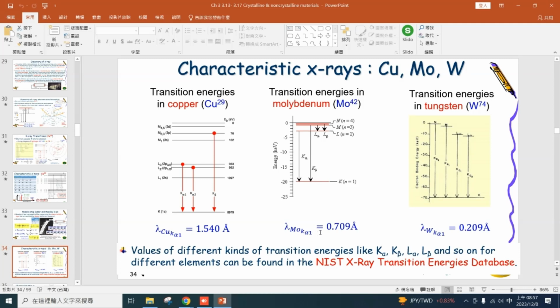The K alpha 1 for moly will be 0.709. The K alpha 1 for tungsten will be 0.209 angstrom. So once you have an unknown metal and you put it into the gas discharge tube, and the wavelength of the X-ray coming out is 1.5 angstrom, you can realize the unknown metal is copper. Okay, so this is what we call characteristic X-ray.